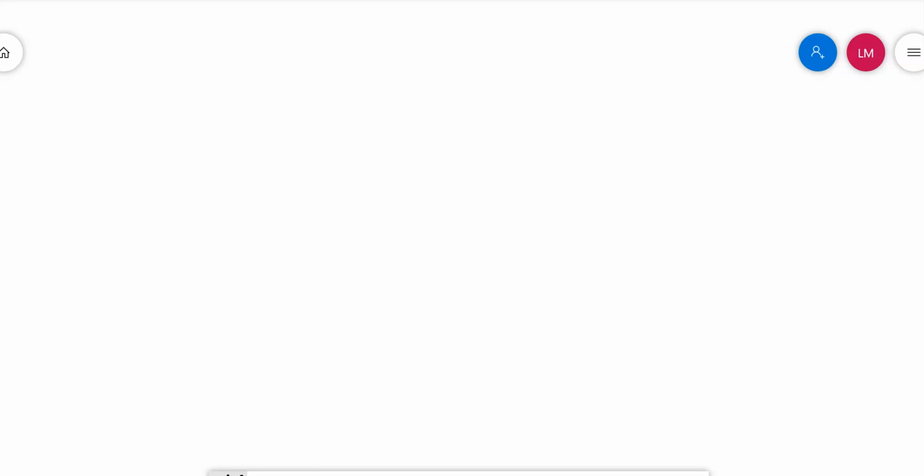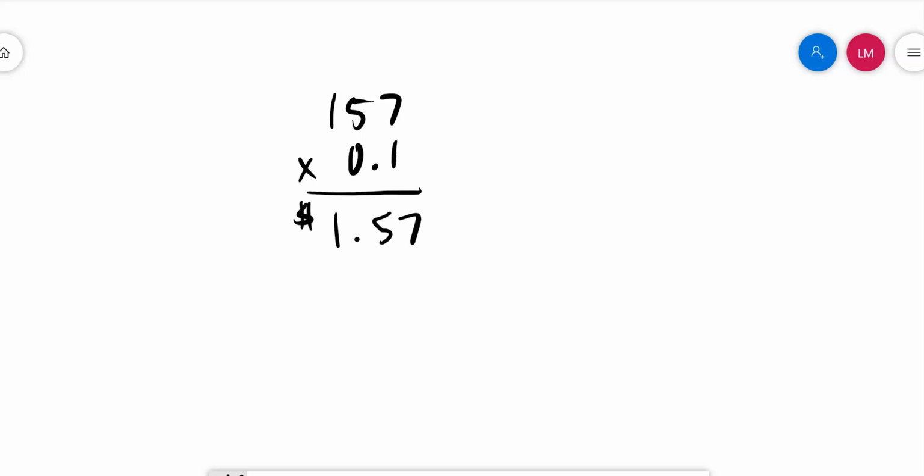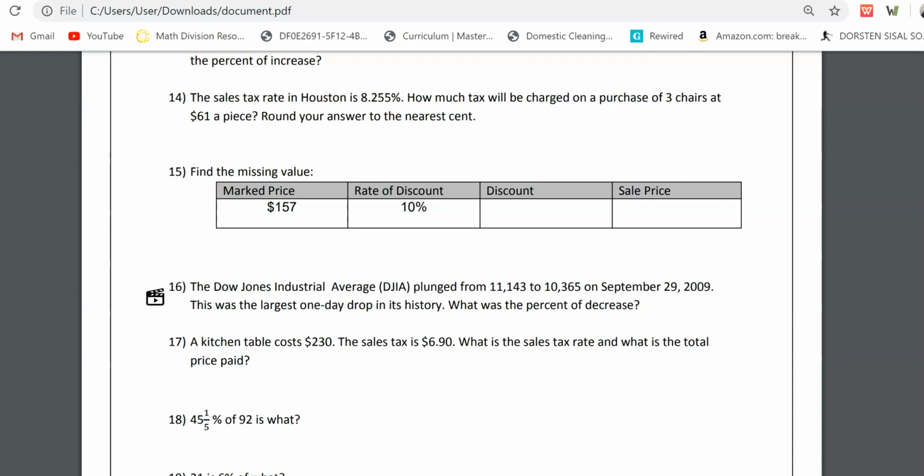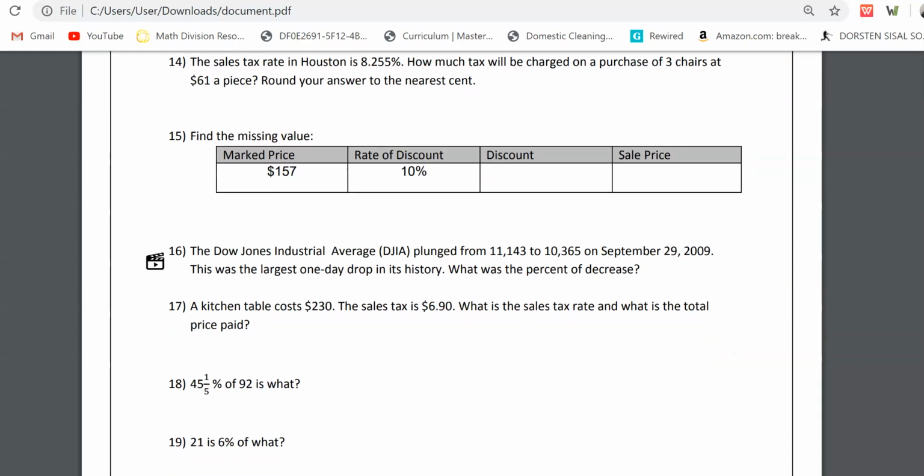Again, that's because I just did 157 times 0.1. Okay, and then the sales price would be to subtract the discount from the marked price. So just take $1.57 off, which would give you barely nothing. So subtract those two, and that's the sales price.